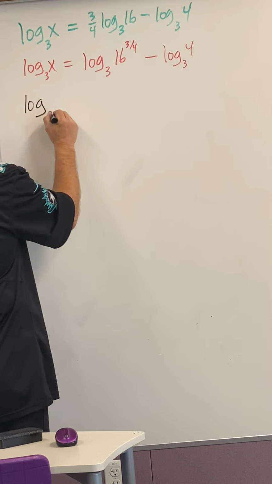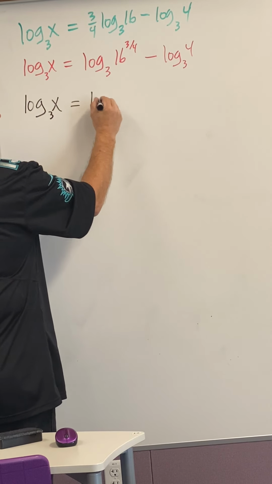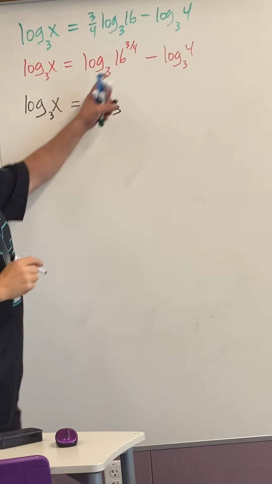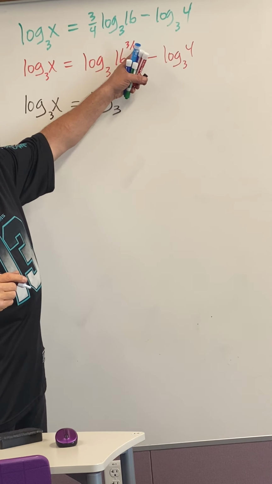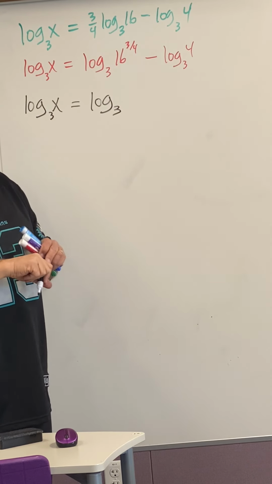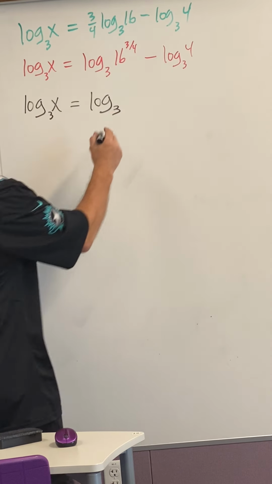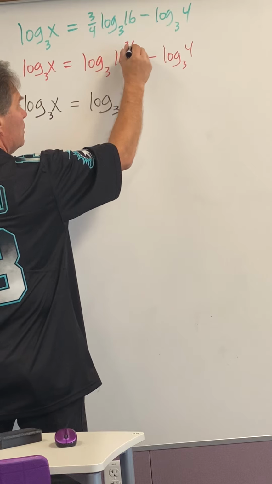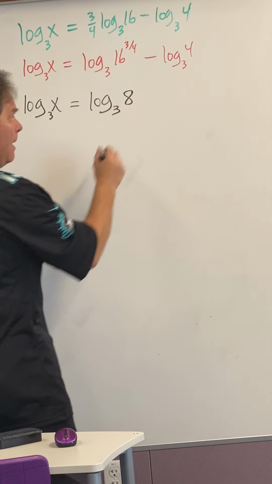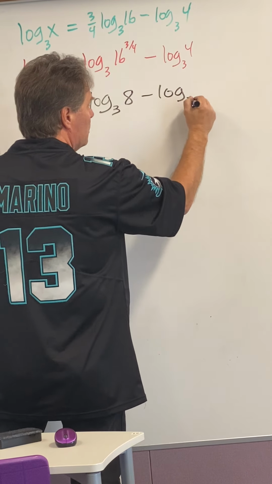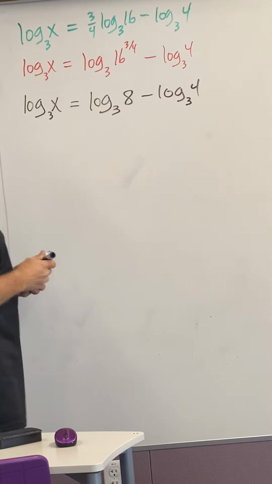You guys should be able to figure that out. 16 to the 3/4 is the fourth root of 16, which is 2, to the third power, which is 8. So 16 to the 3/4 power is 8, minus log base 3 of 4.